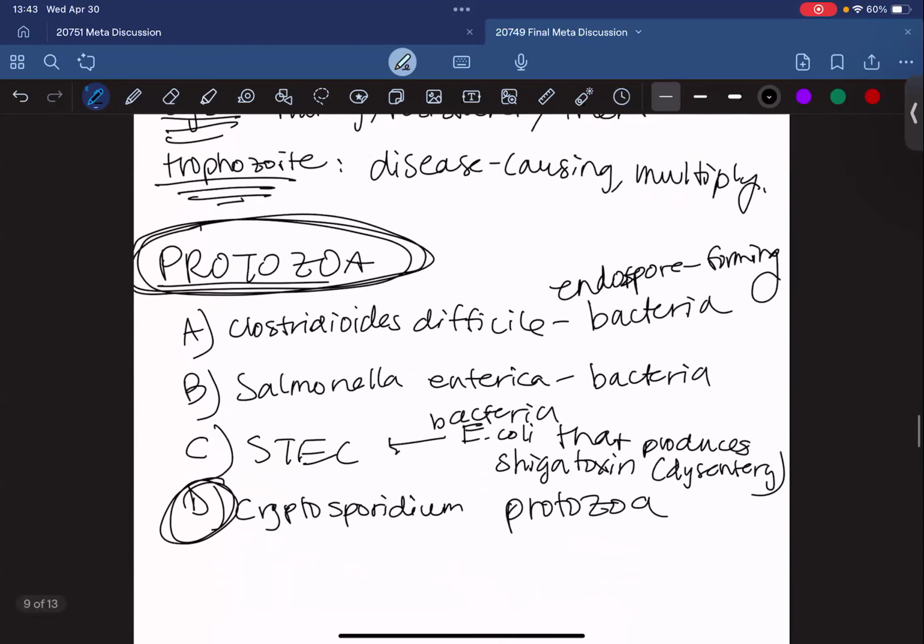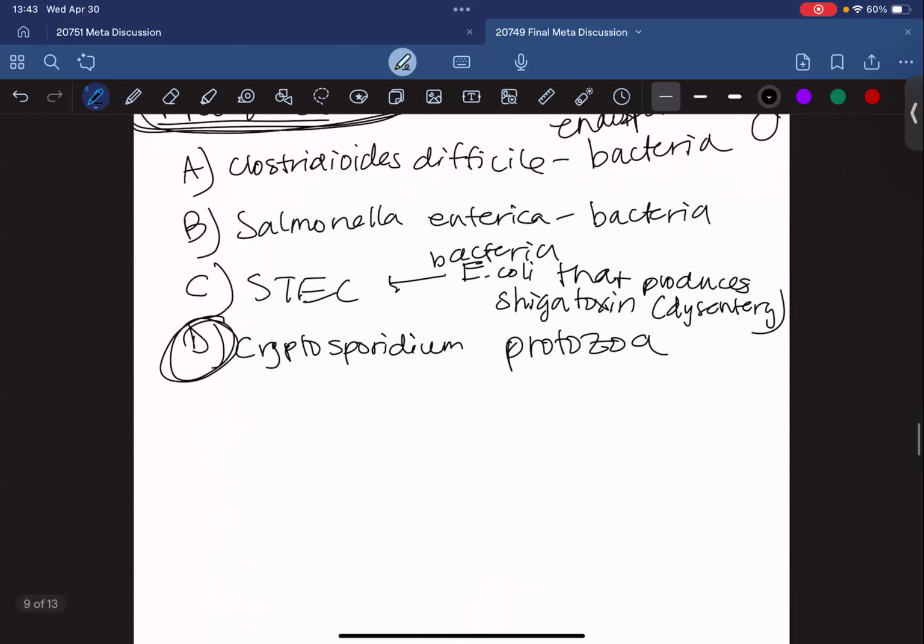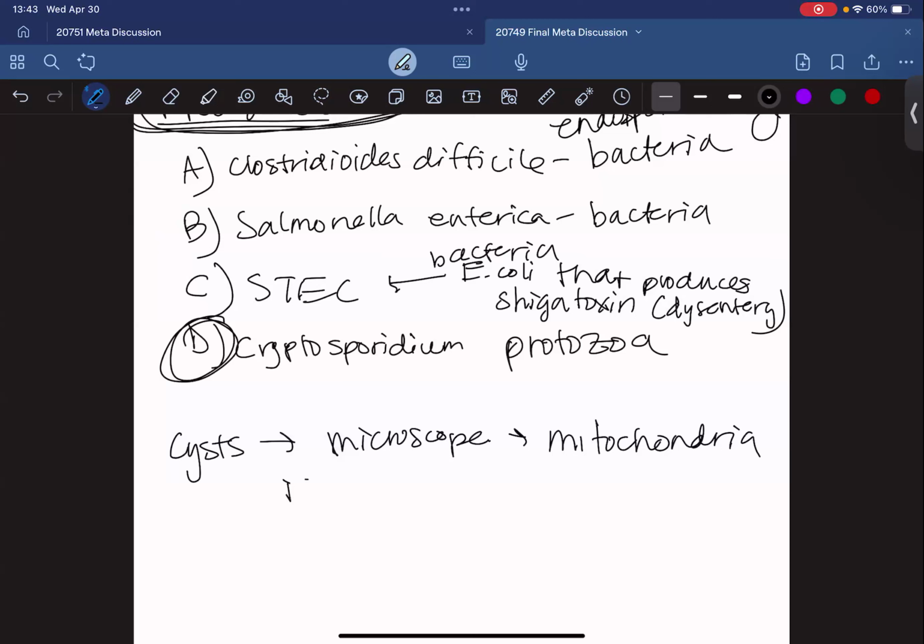All right, so with this guy, we know it's a protozoa. Now, if I look at the cysts under a microscope, and now we see mitochondria here. Is this consistent with Cryptosporidium?